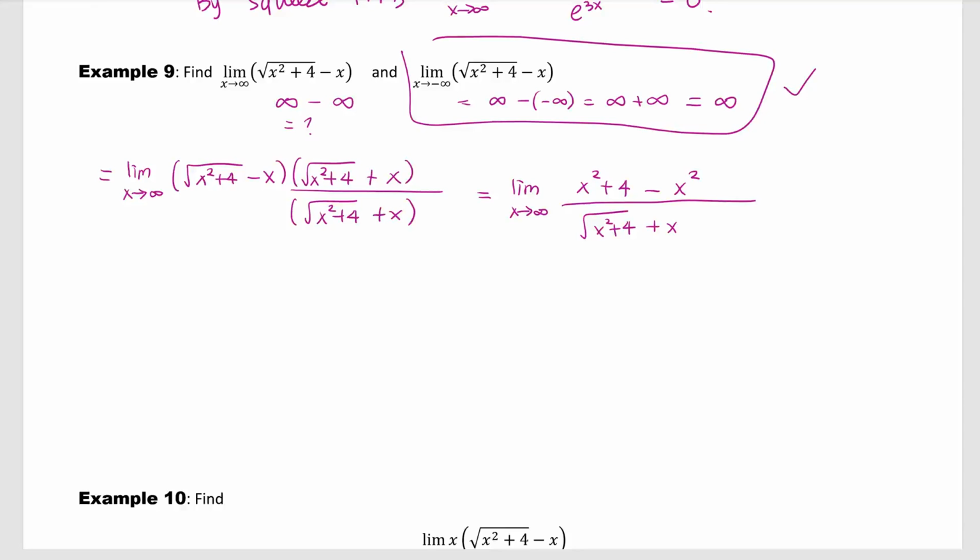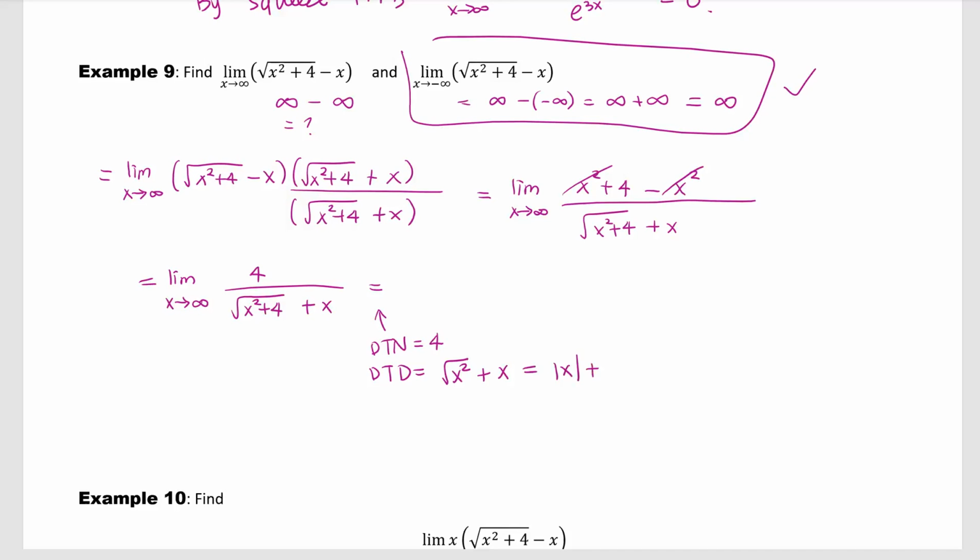Now what can we cancel? Wow, x squared cancel. So we have the limits x goes to infinity, 4 over square root of x squared plus 4 plus x. Okay, now we see the dominant term of numerator is just 4. But what is the dominant term of the denominator? Well, square root of x squared is like degree 1. And x is degree 1. So that's why we have square root of x squared and x. Okay, now this is absolute value of x plus x.